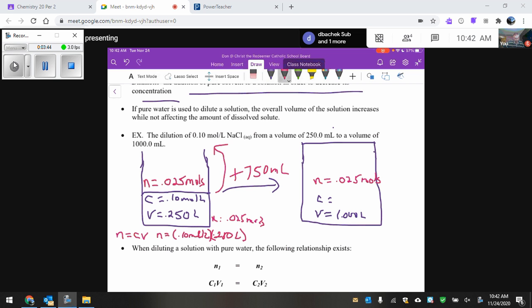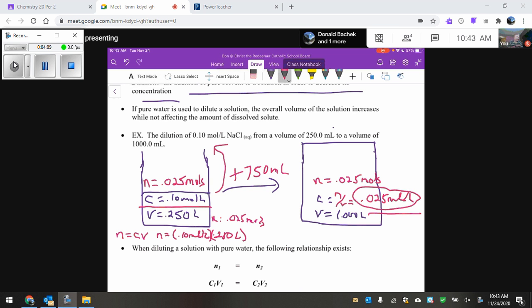So if I do n divided by V, we'll see that my concentration is now 0.025 moles per liter. So the concentration has gone from 0.10 to 0.025. I've decreased the concentration, obviously. I've made this weaker by adding water, okay?